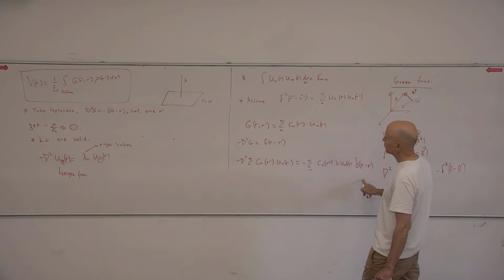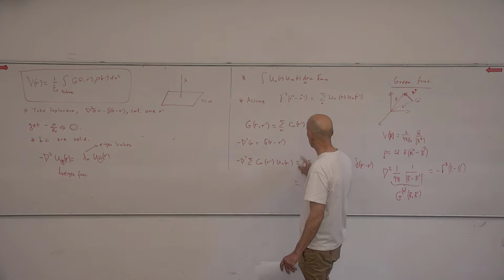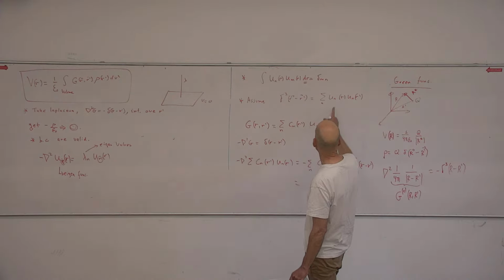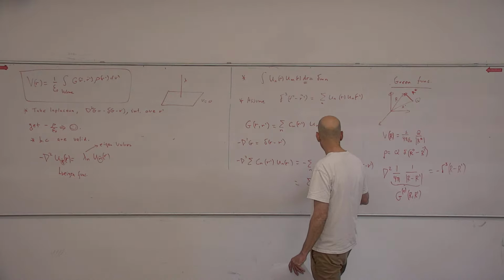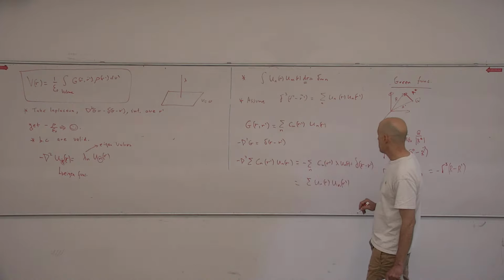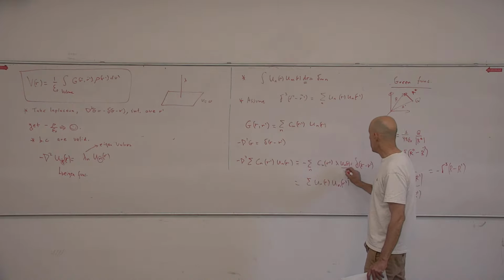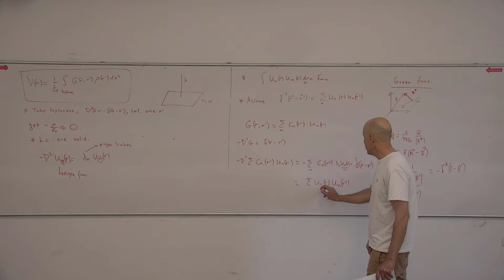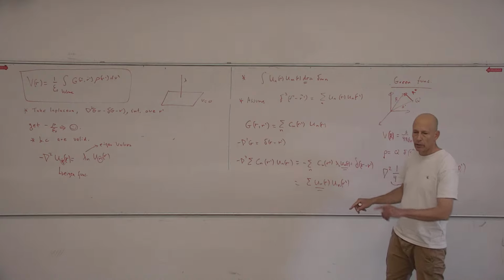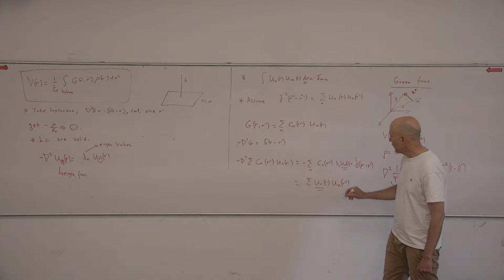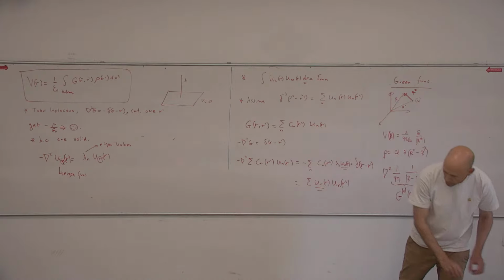But the delta function from this identity is the sum over U_n(r) U_n(r'). So this guy, here's the lambda_n, and this guy are the same. We can use again orthogonality. I can multiply and integrate, but you can immediately see it. And now I identified what is this C_n.